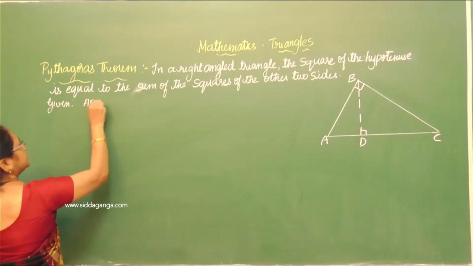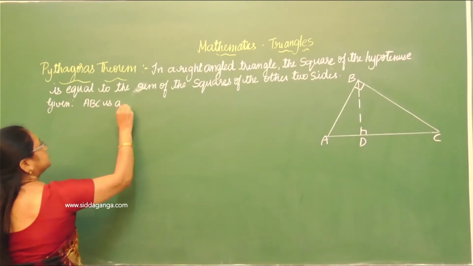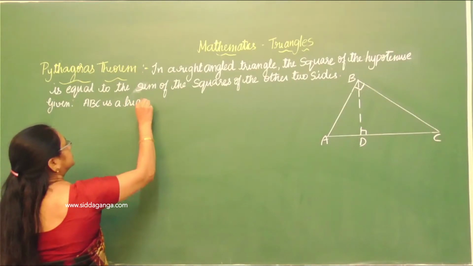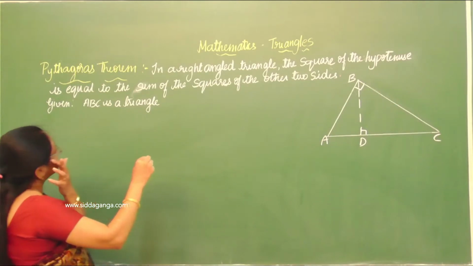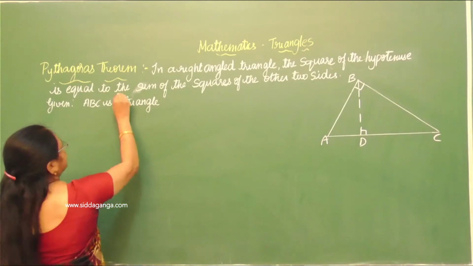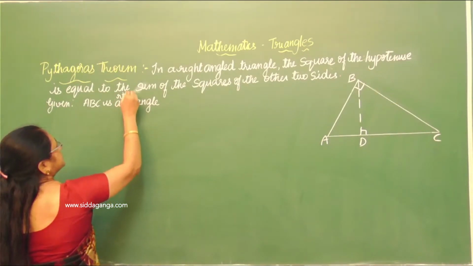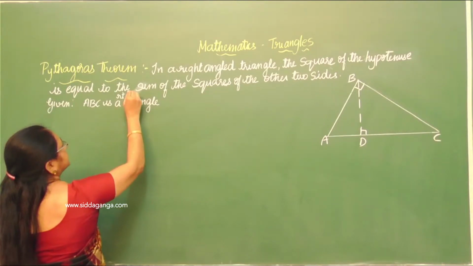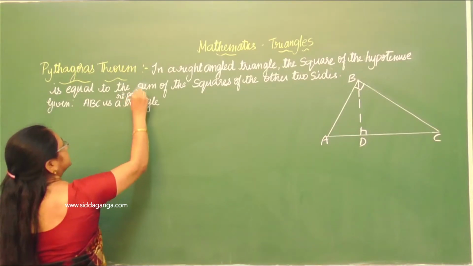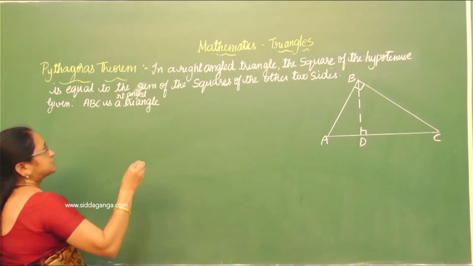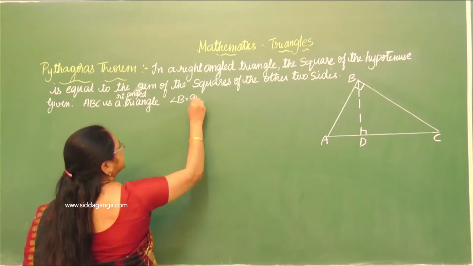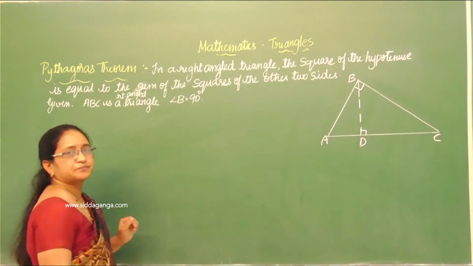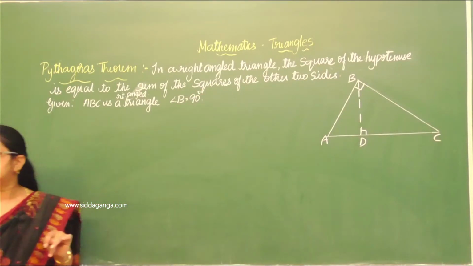Given, ABC is a triangle, a right angled triangle. Please write there, right angled triangle, where angle B is equal to 90 degree. Okay. So this is given.